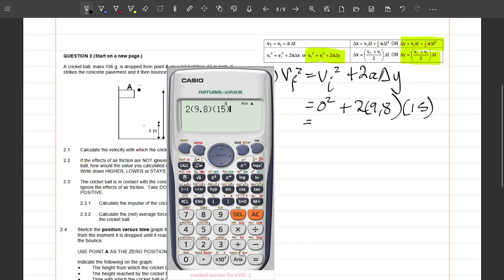Then hit equals. We've got 294. Nothing fancy on that one.